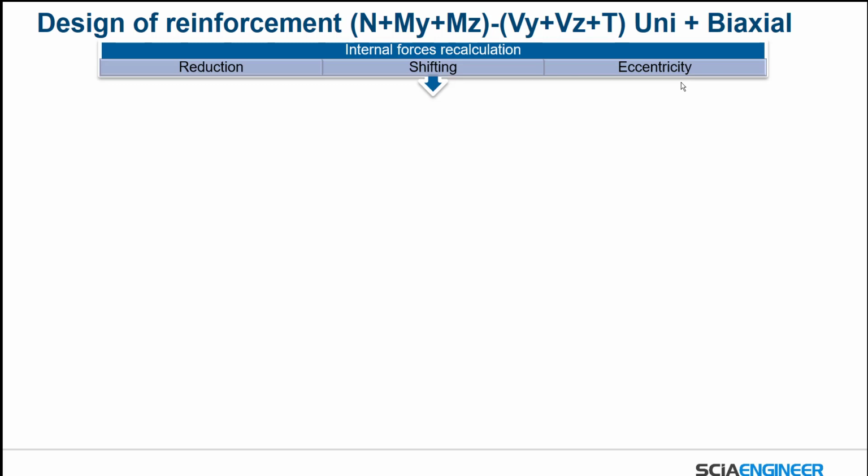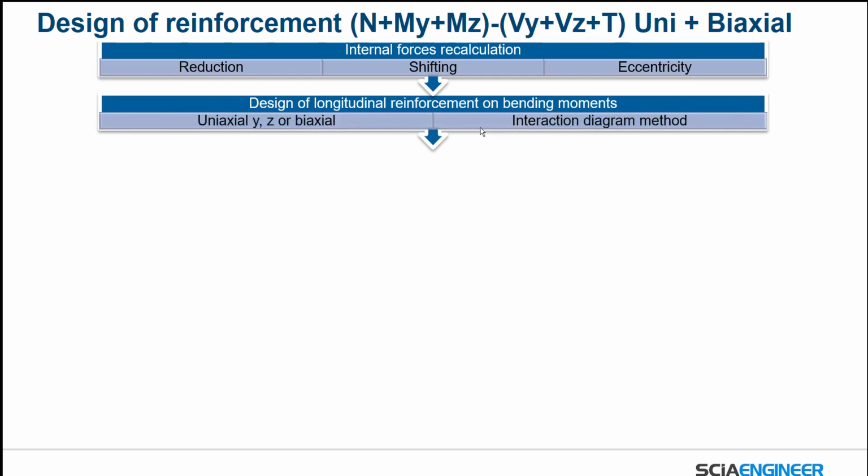So my point from this slide is just to tell you that it's not only internal forces taken from the calculation or from the analysis of the structure, but we do some recalculation afterward. Then SCIA looks at the design method, what method you would like to design.